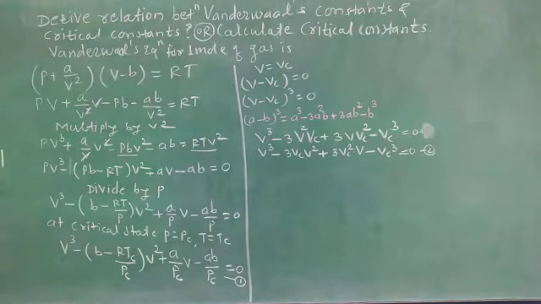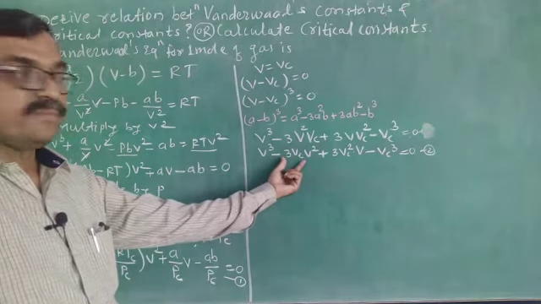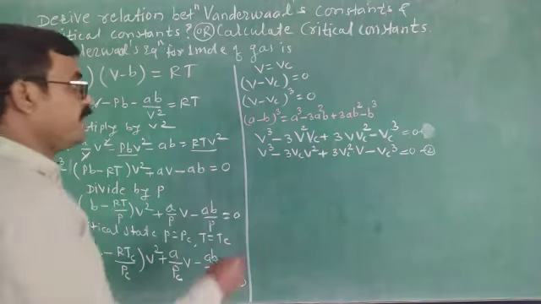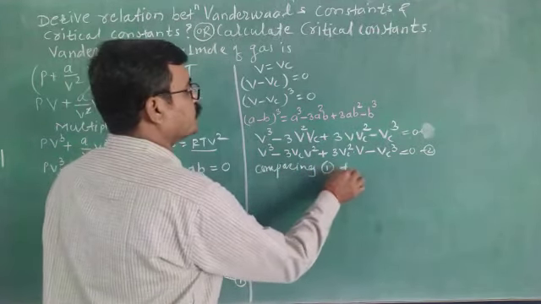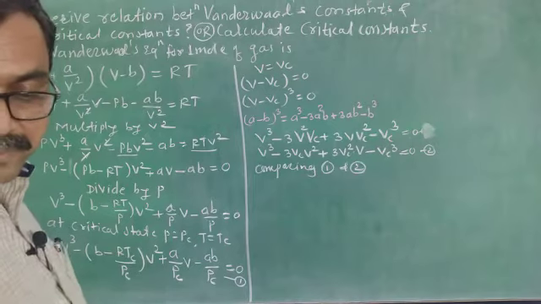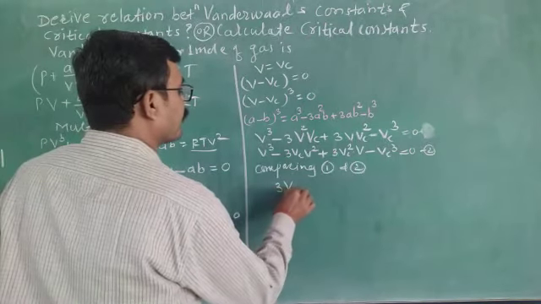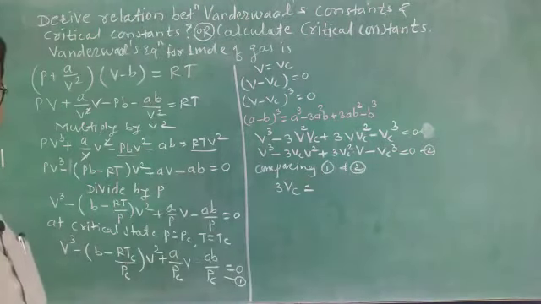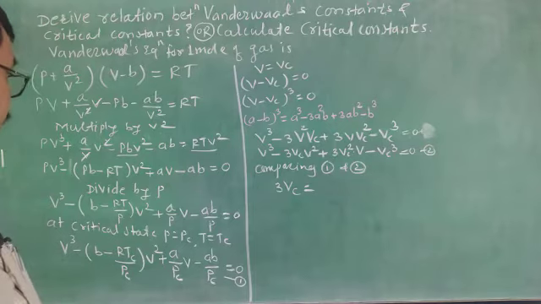Now comparing these two equations, equation 1 and 2, from the first term, 3 Vc is equal to this bracket, that will be B minus RTc upon Pc.